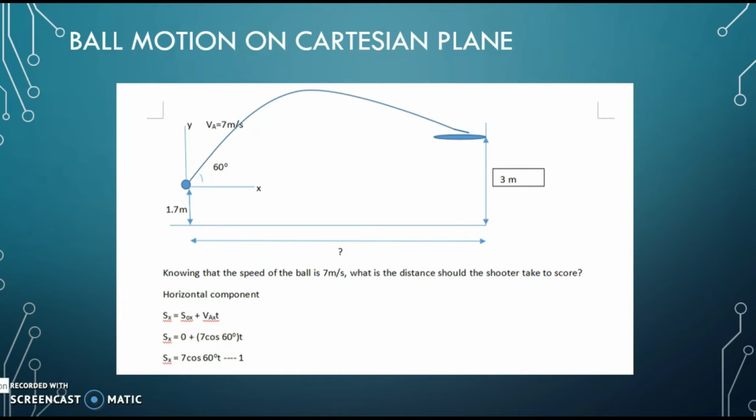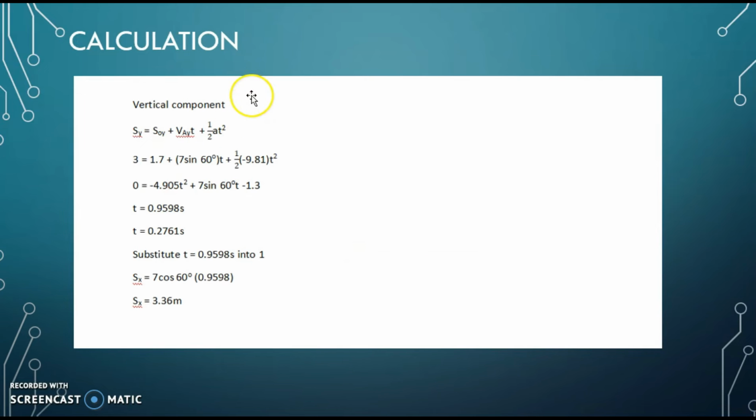And we continue with the vertical component. The final displacement is equal to the initial displacement plus initial velocity times t plus half of acceleration times time to the power of 2.